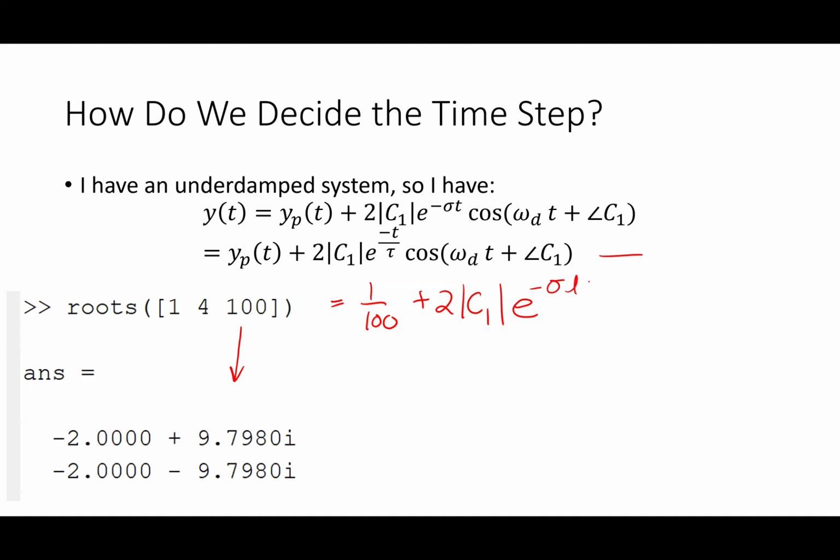E to the negative sigma t, cosine omega d t. Now, I would not expect you to know off the top of your head how I made all those jumps, or that when I have this, I call that sigma plus j omega d.